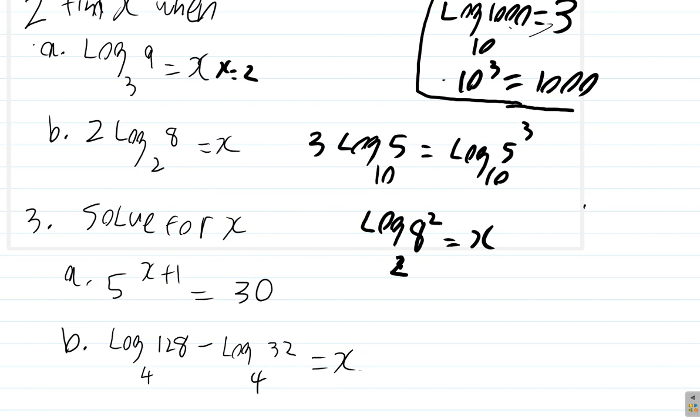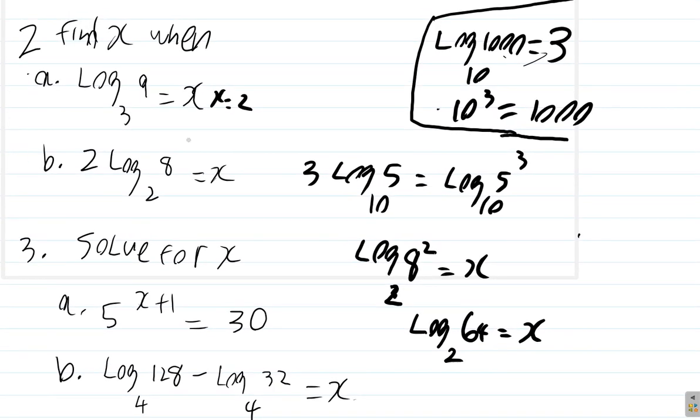Now, here, 8 squared is 64. So you're finding the log of 64 equals x, but remember now the base is 2. Now, rewriting this from log to exponential form, remember now, you're going to say 10 to the 3 is equal to 1000, following the same pattern. 2 to the x is equal to 64.